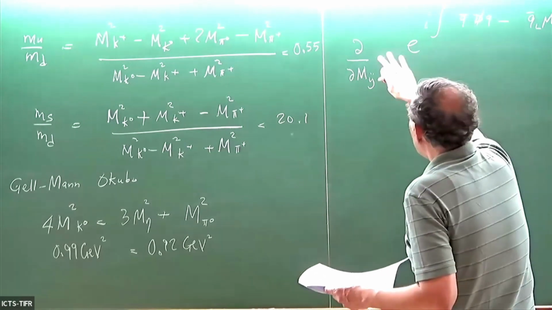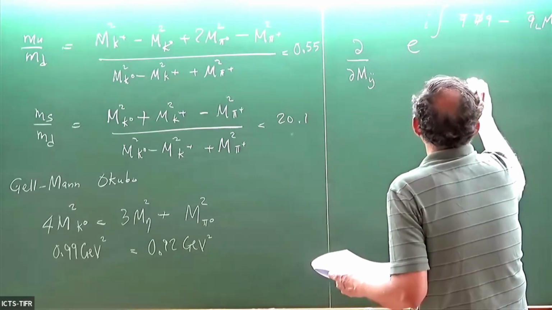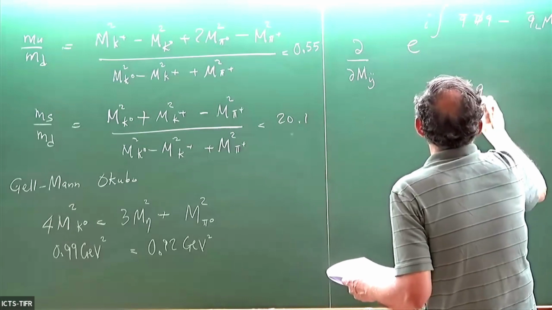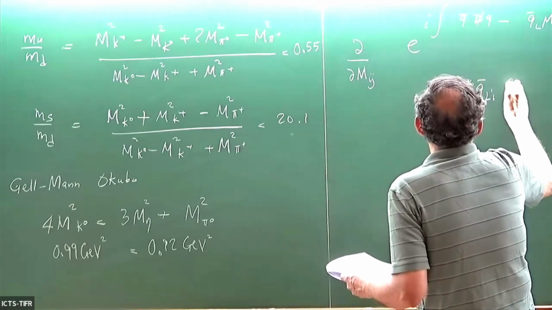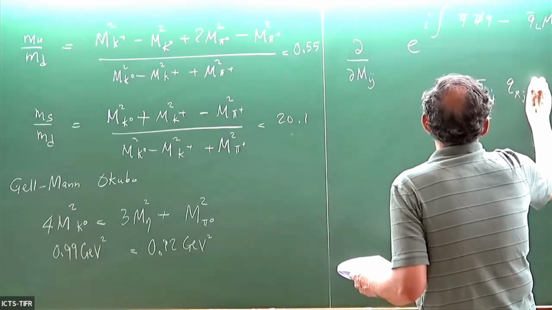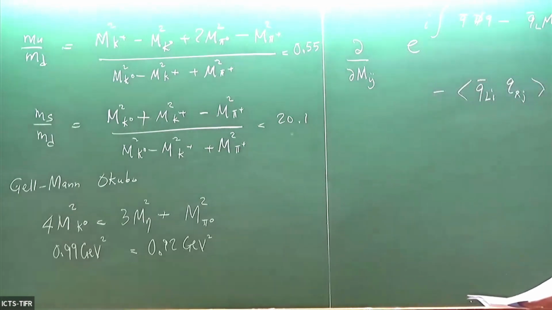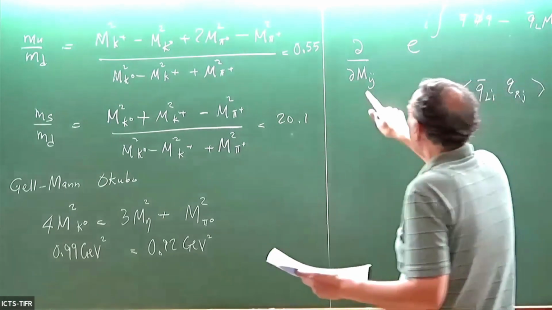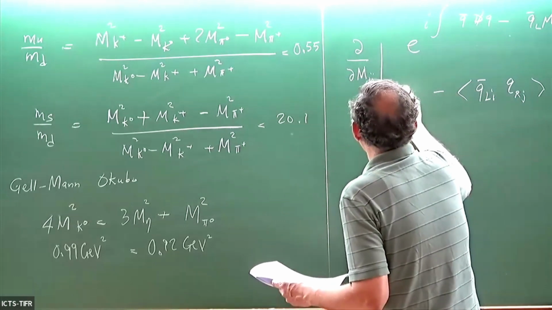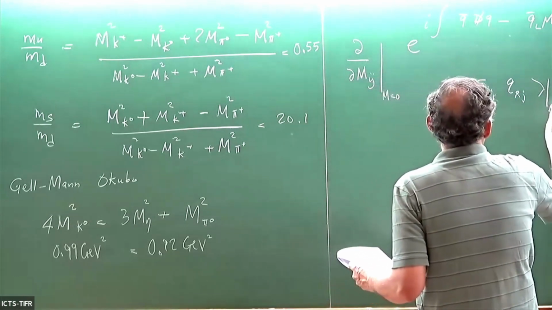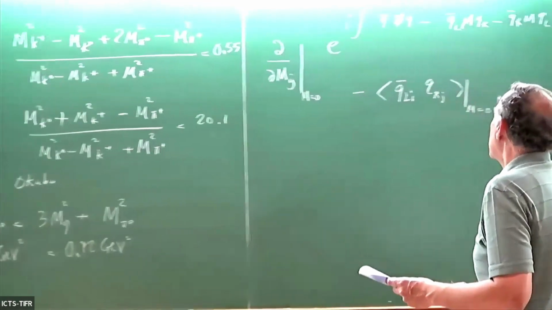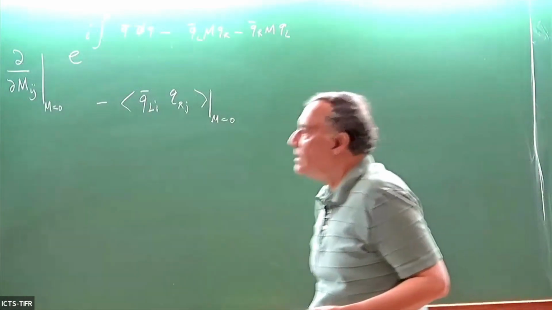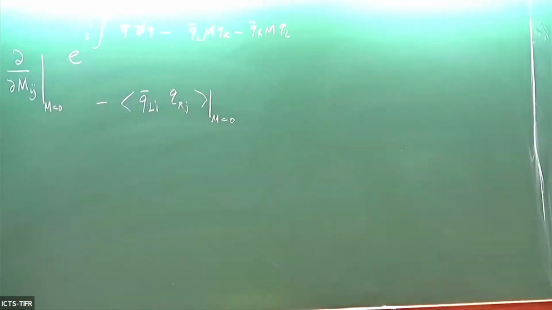So d by dM on the path integral gives me the matrix element in the vacuum of minus q bar left i, q right j. And the minus sign is just because there's a minus sign there. And so if I do d by dM at M equals 0, I'm getting this condensate in the massless theory. Now I have an EFT, and I can do the same calculation in the EFT.